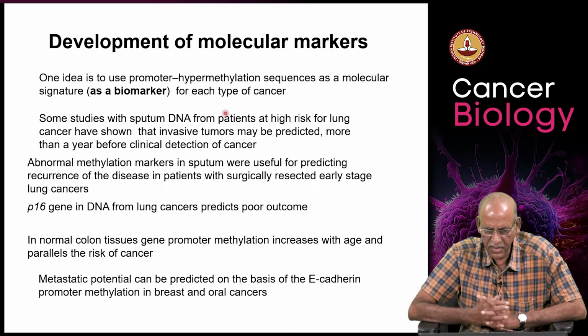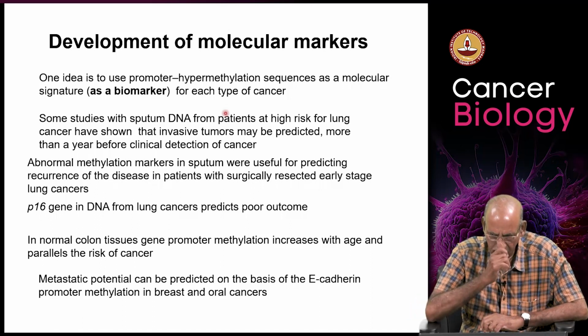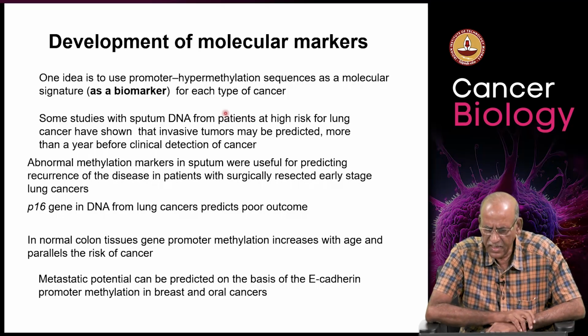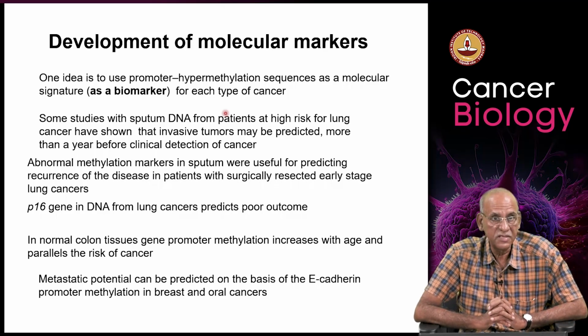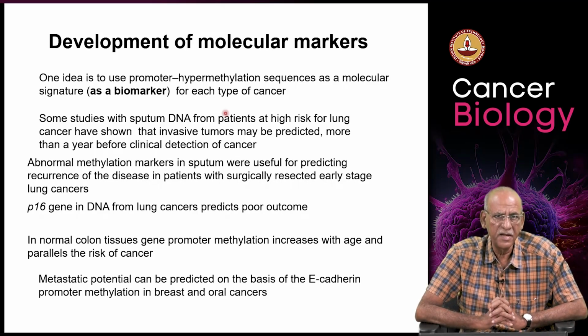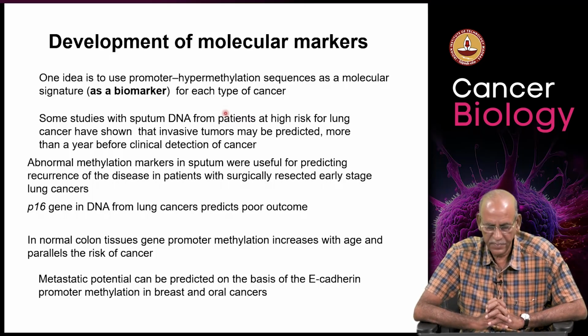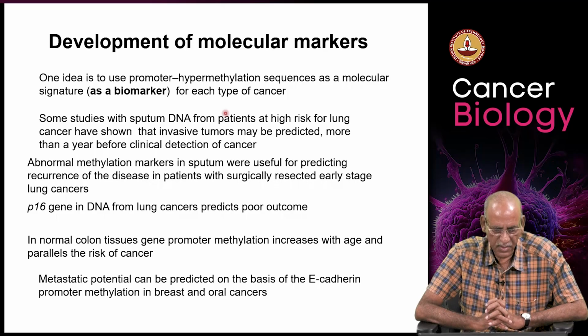Abnormal methylation markers in sputum were also useful in surgically resected early stage lung cancers. What is the gene? P16. P16 gene in DNA from lung cancers predicts poor outcome. So, that is one example.